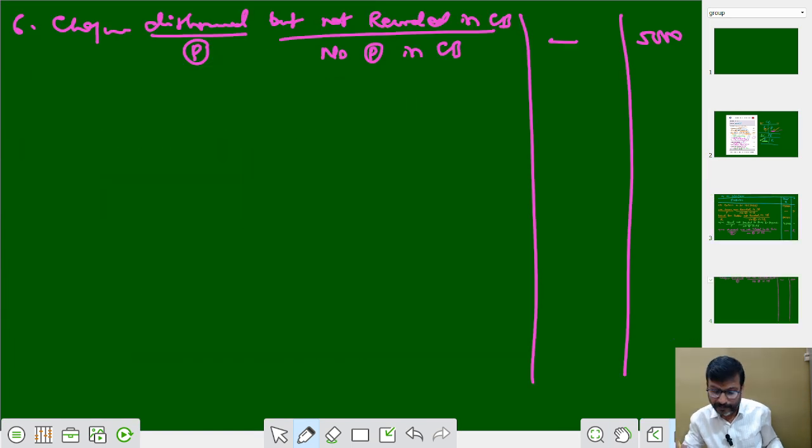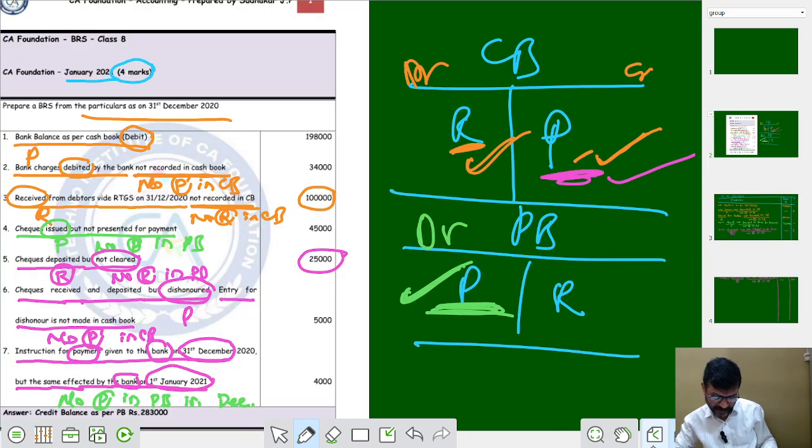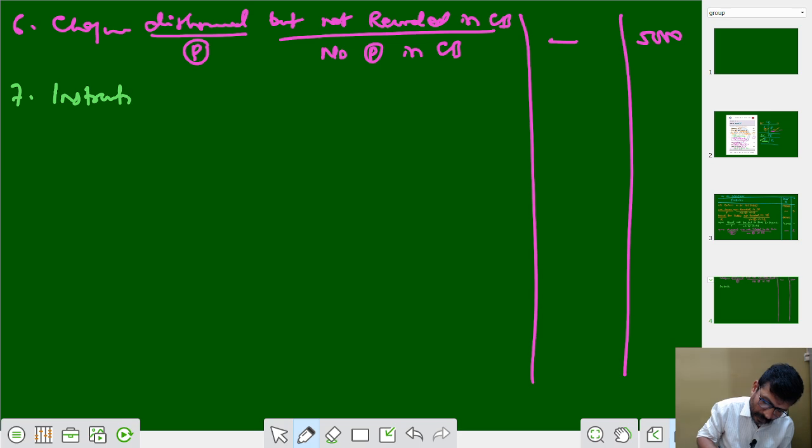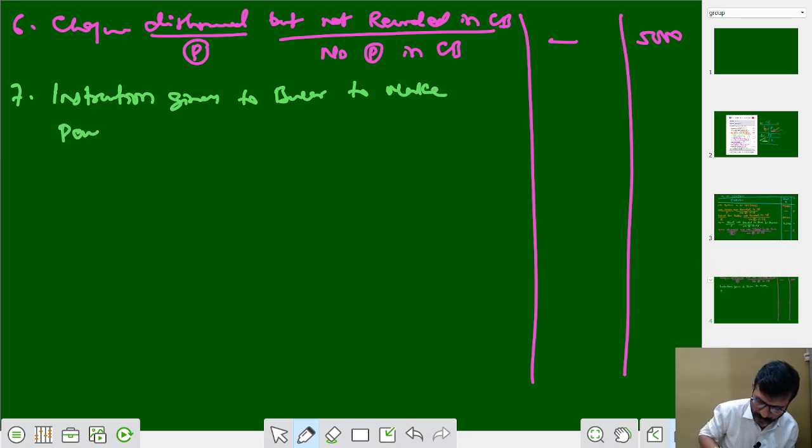Point number 7. What I have to write? See the message. Instruction given to banker to make payment on 31st December.